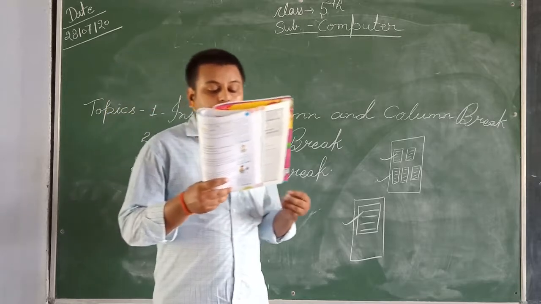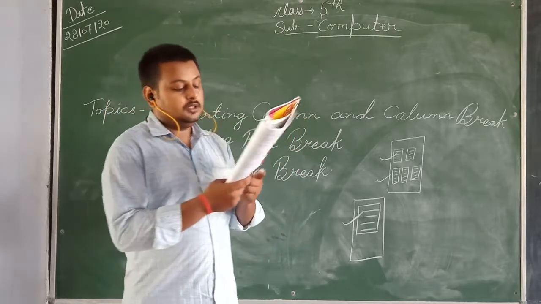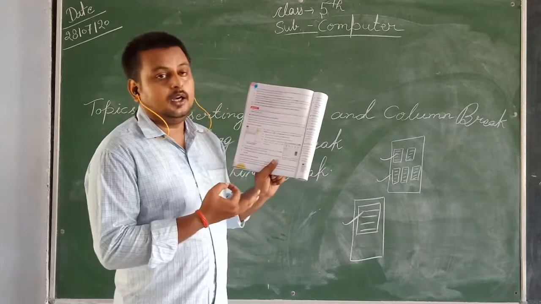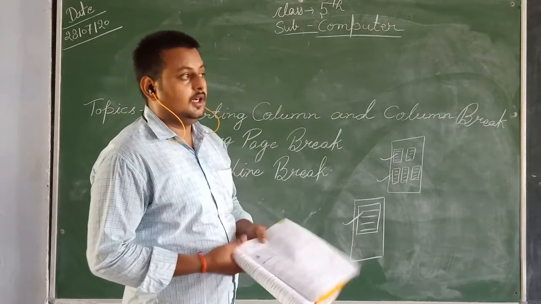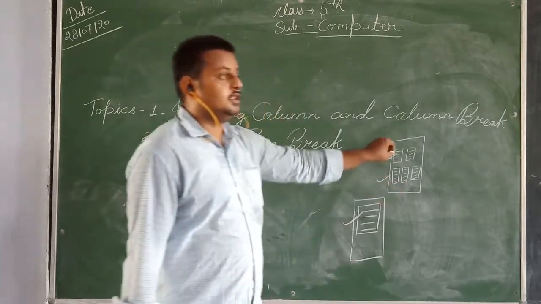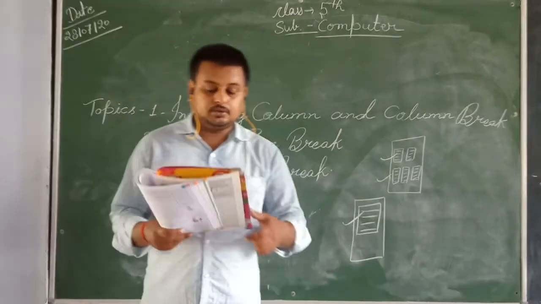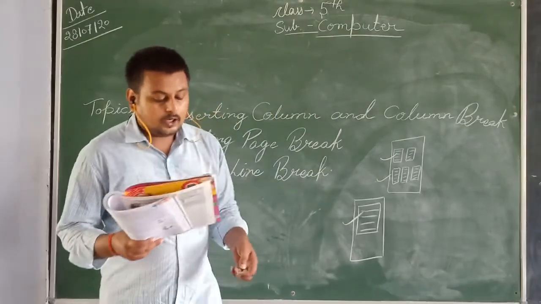Define the desired setting and click OK. Means how many columns you want, you simply edit there and then click on the OK button. Then your whole content will change according to your chosen settings.